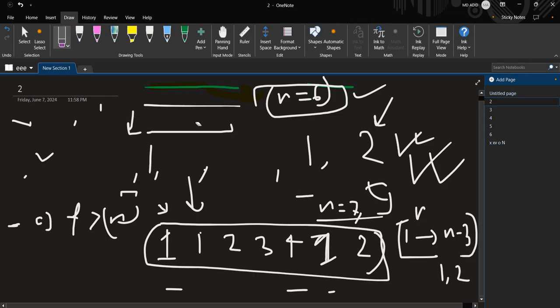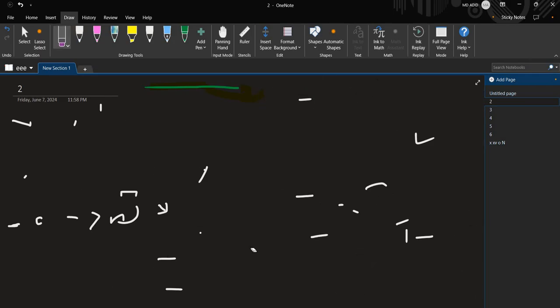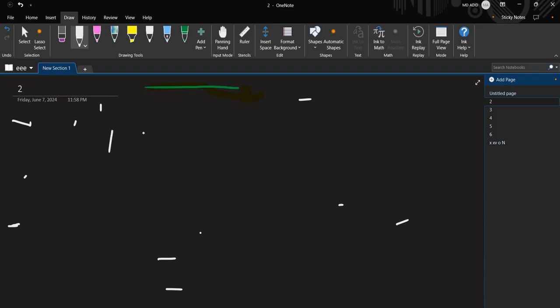So if I redo the solution, the pattern would look something like that: 1, and then from 1 till n minus 3, and then 1, and then 2.